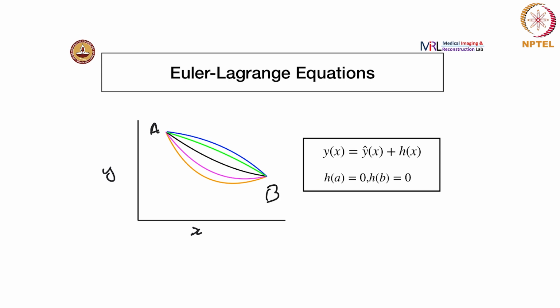Sorry, let me put B properly. Let's say the black curve is the correct solution. It's the curve that gives you the shortest time of travel from A to B. So the black curve is the correct solution, that's the one right here.